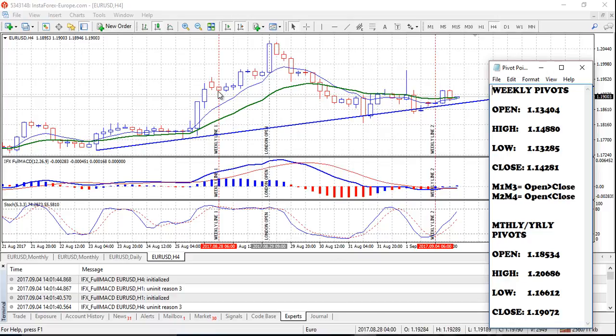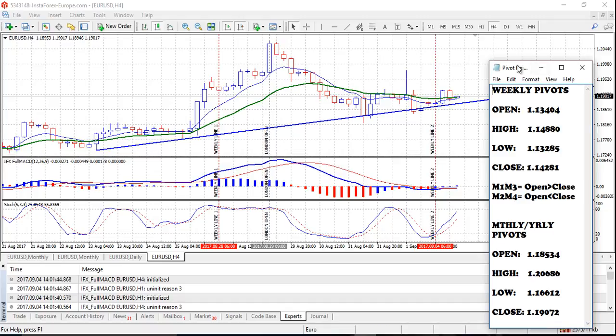So if I place the cursor here, just look down to that portion of the screen. You see the open, the high, the low, and then the close of this particular candle. As I've said earlier, each of these candles is a trading session.